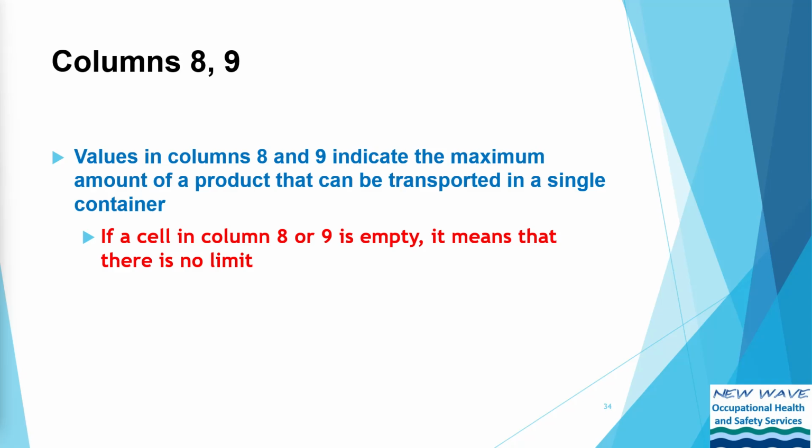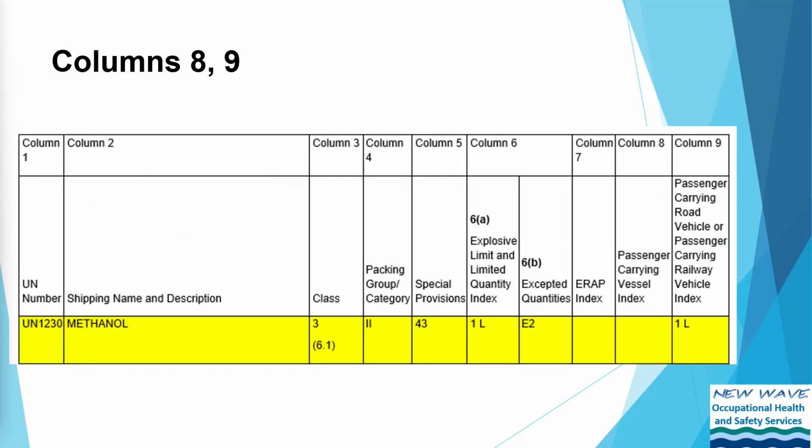Values in column 8 and 9 indicate the maximum amount of a product that can be transported in a single container. If a cell in column 8 or 9 is empty, it means there is no limit. For example, we can transport methanol containers of any size on a passenger-carrying vessel.